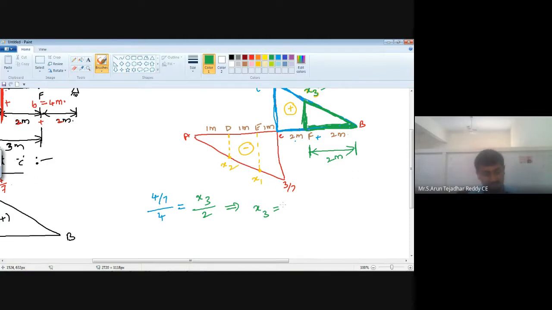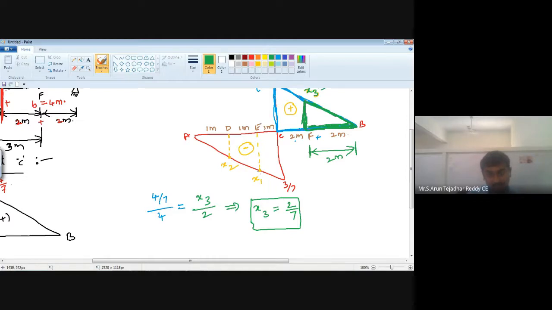Anyone, what is the x3 value? That is 2/7. Now coming to the down portion, A to C. In this portion we have two unknown ordinates.